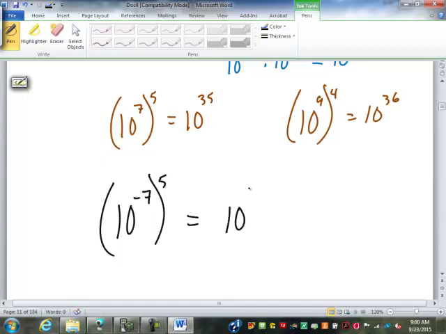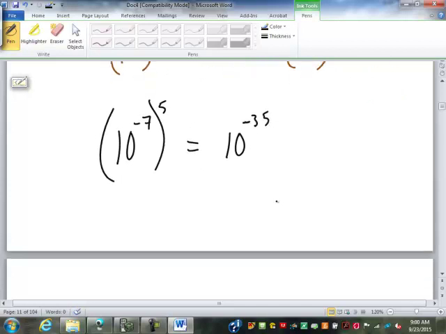That's going to be 10 to the negative 7 times 5, which is negative 35. Or we could have 10 to the 4th to the negative 8th. 4 times negative 8 is negative 32. Excuse me.